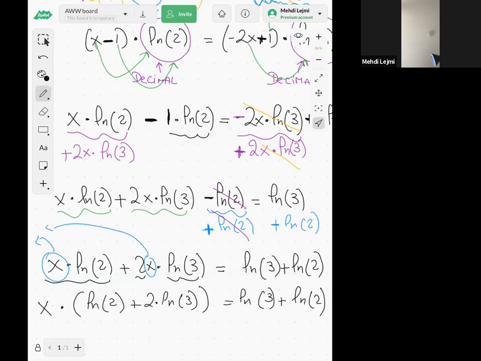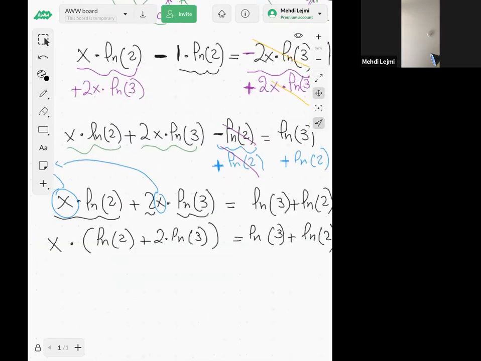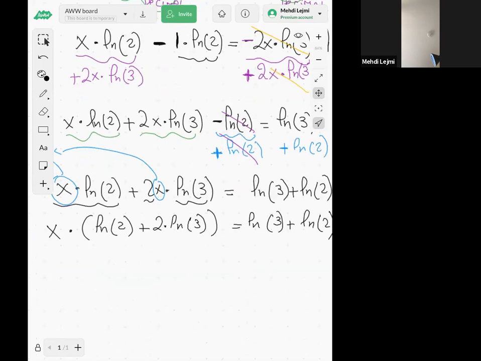So you see, guys, the point why we move all the x's to the same side and everything else to the right side is because now I can divide and I can get my x. So I'm going to divide by this number here, whatever number it is. I'm just going to divide by the same thing. So it's natural log of 2 plus 2 times natural log of phi.